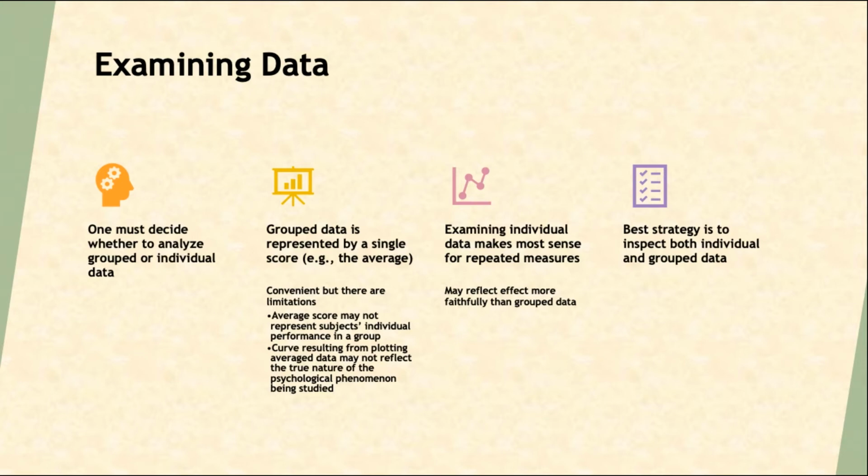This may provide insight into the psychological processes being studied that are not afforded by grouping data. When you collect only a single score for each subject, you should still examine the distribution of individual scores. This usually entails plotting the individual scores on a graph and carefully inspecting the graph.